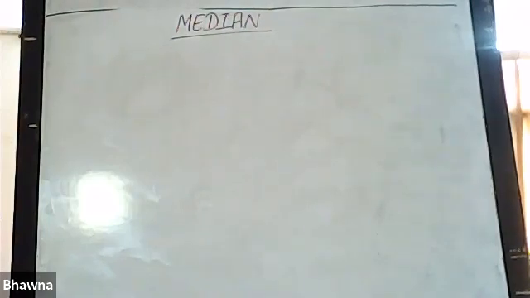Median is defined as the mid value of the series when arranged either in ascending or descending order. It is a value which divides the arranged series into two equal parts in such a way that the number of observations smaller than the median is equal to the number greater than it. And the median is denoted by the symbol M.